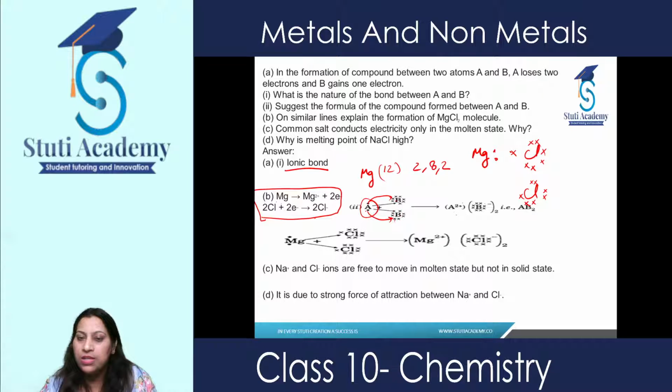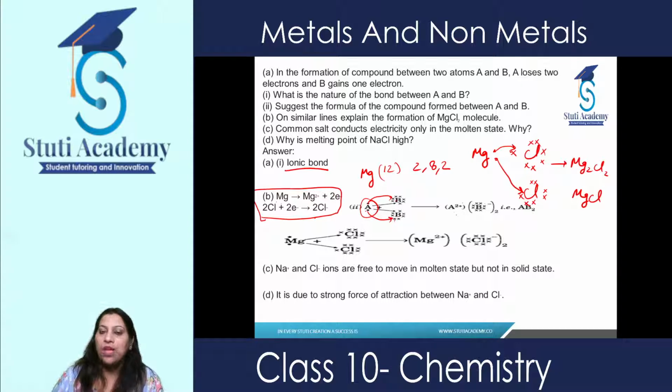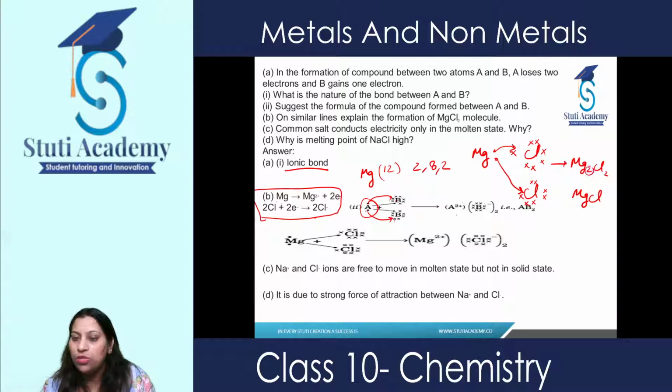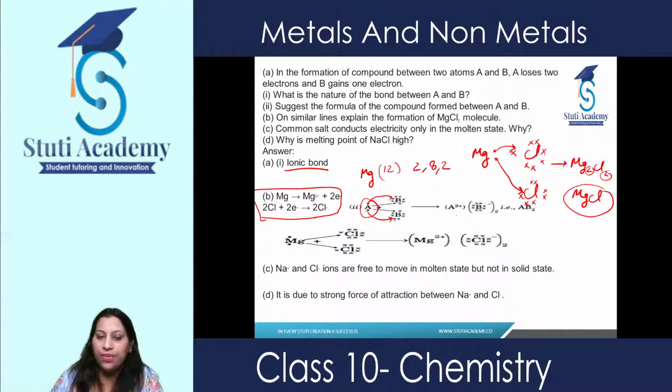So it means Mg is giving one electron here and one electron here, which results in the formation of Mg2Cl2, but we never write it like this. We'll write MgCl2. Because if these are common, we can cancel them, and whenever we are writing any compound, we will not write the charges, we simply write MgCl2. Fine.